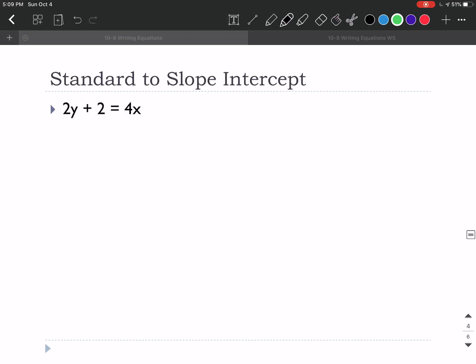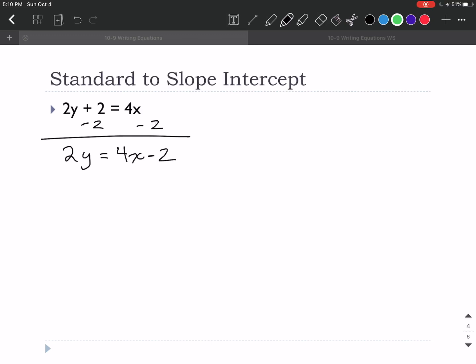So now again, I got 2y plus 2 equals 4x. So again, I want to get y by itself first. So if we look, I have just this 2 on the same side. So we'll subtract 2 on both sides, leaving me 2y equals 4x minus 2.